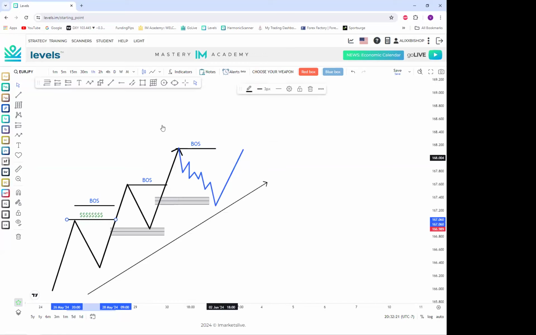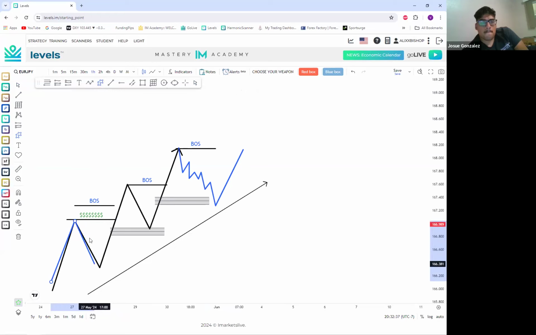As market structure gives me a higher high, it leaves money here, because somebody has to sell here. Now, who creates big movement like this? Big banks. As the banks sell, they're leaving money here to continue higher.